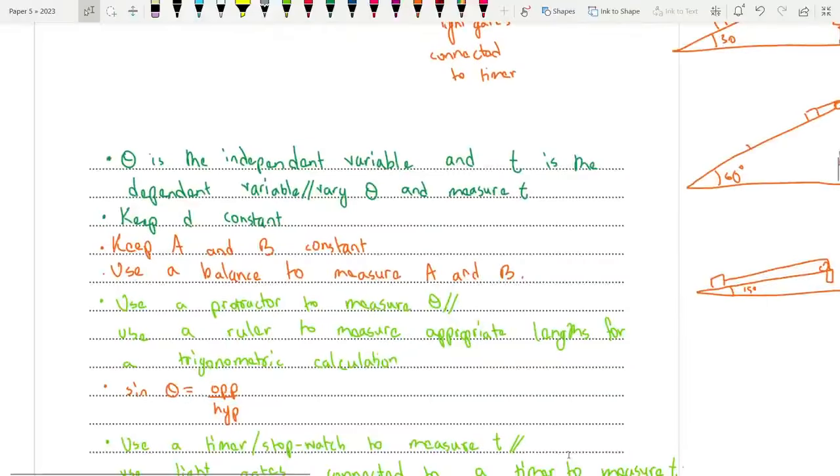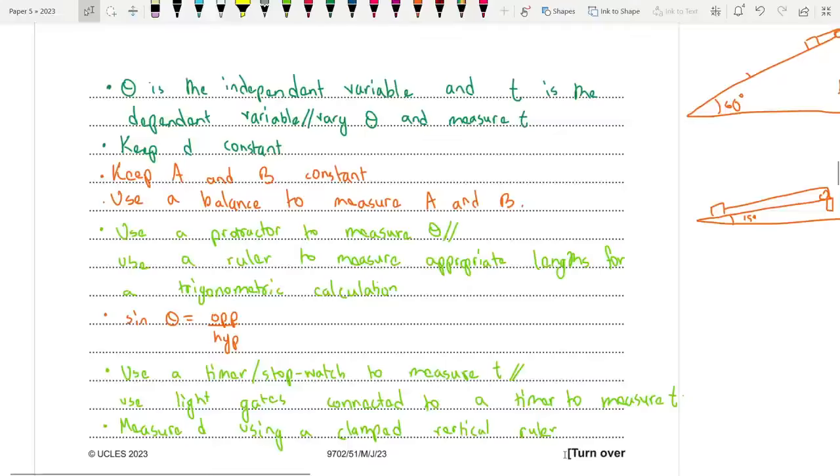So that's that. Anyway, you need to remember that methods of data collection has 4 points, and usually one of them lies in the diagram. So we are using a protractor to measure theta, or a ruler to measure appropriate lengths to find out the trigonometric function.